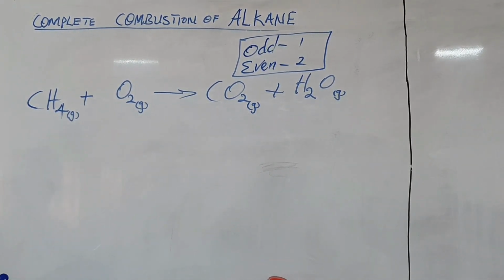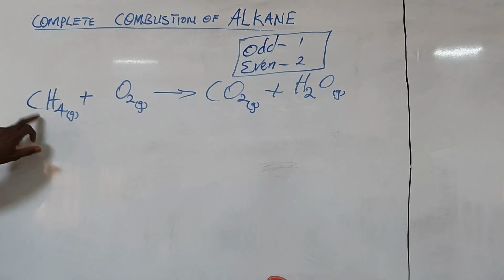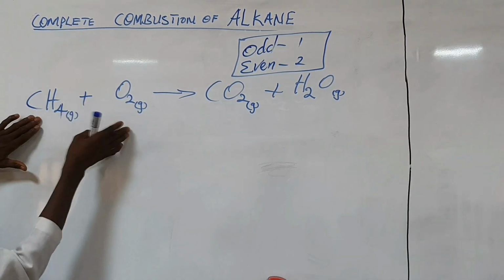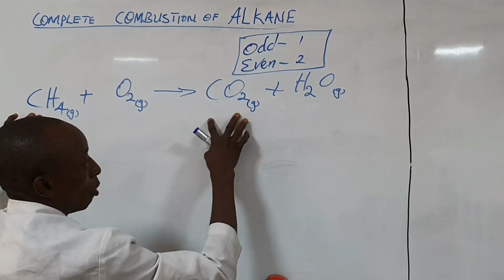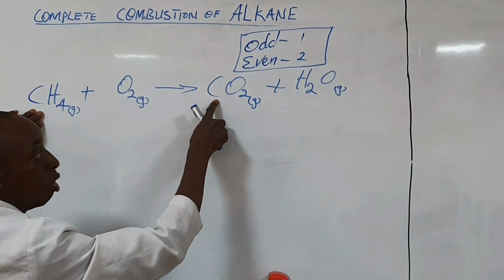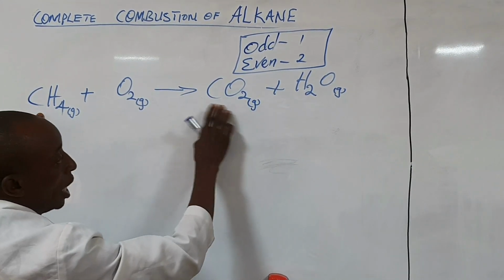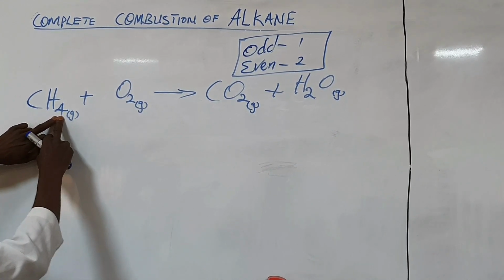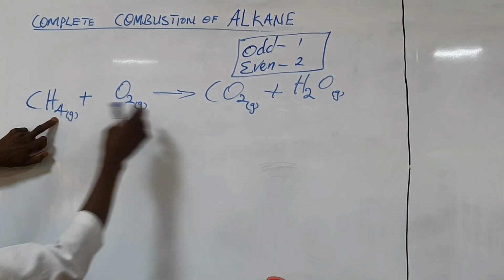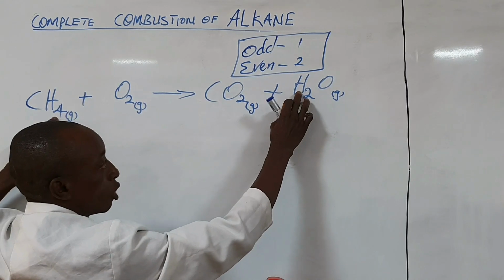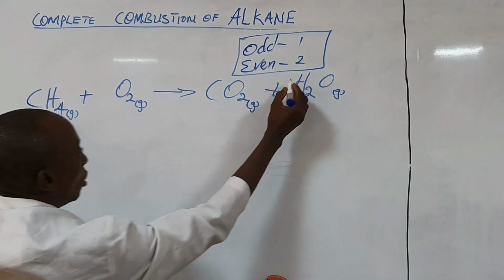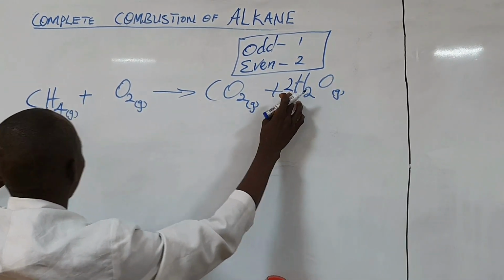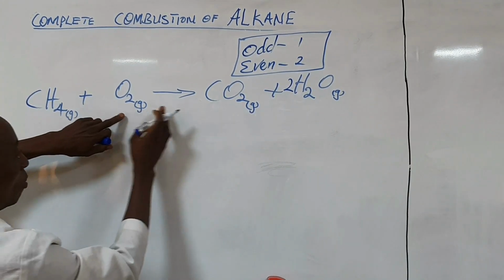Alright? Now, looking at this, we have only one atom of carbon at the reactant side. Then, from the product side, one atom of carbon, which means there is no issue with that. Coming to hydrogen, there are 4 atoms of hydrogen at the reactant side, and on the product side, the water has 2 atoms of hydrogen. To balance that, we put 2 here, that is 2 times 2 makes 4.